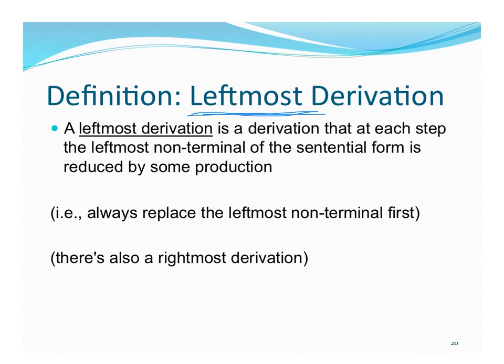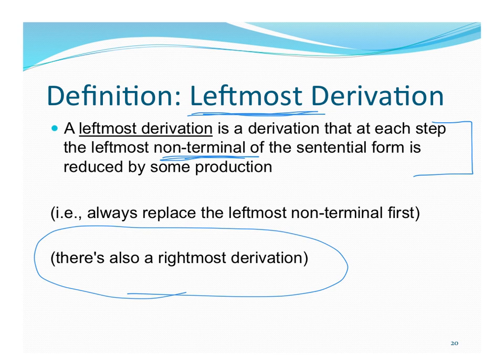But strictly speaking, formally a leftmost derivation is a derivation where at each step the leftmost non-terminal of the sentential form is reduced by some production. And of course, there's another term, the rightmost derivation, and you won't be shocked to hear that a rightmost derivation is the same thing in which we reduce the rightmost non-terminal first.